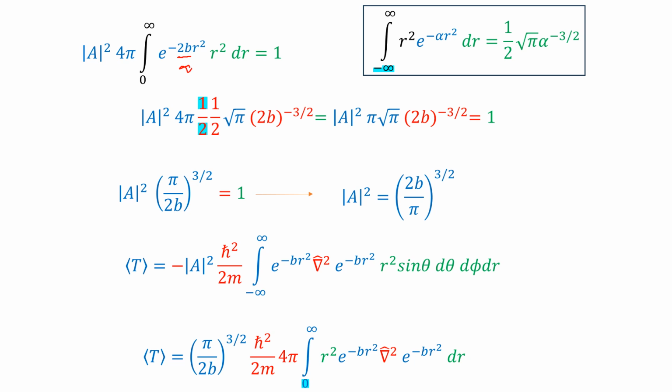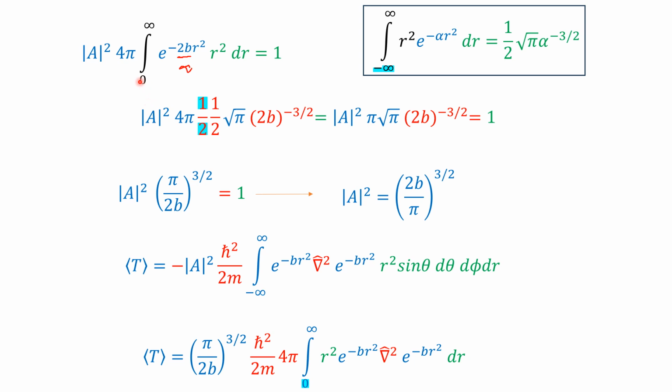Then you substitute this into the integral. You remember that this integral is 0 to infinity, while this is minus infinity to plus infinity, so this is half of that integral. It's a standard integration, you just take the output.